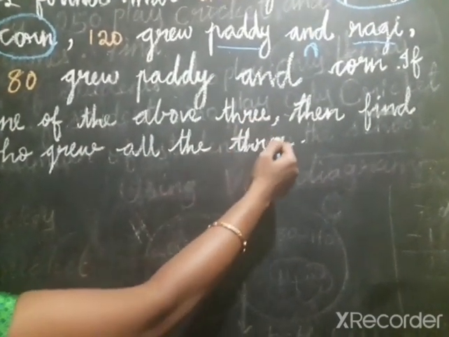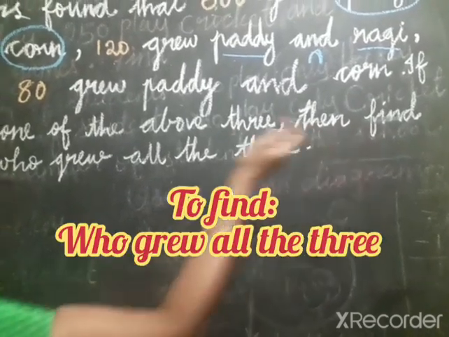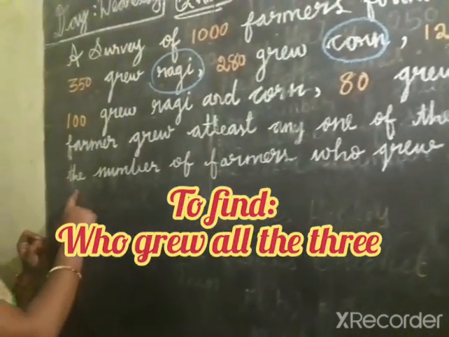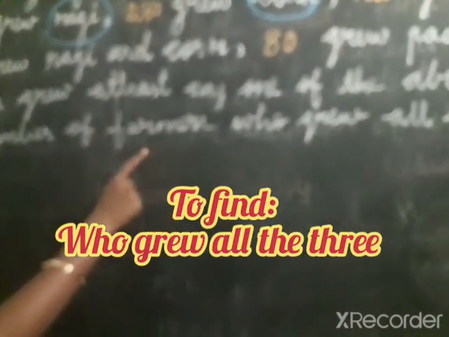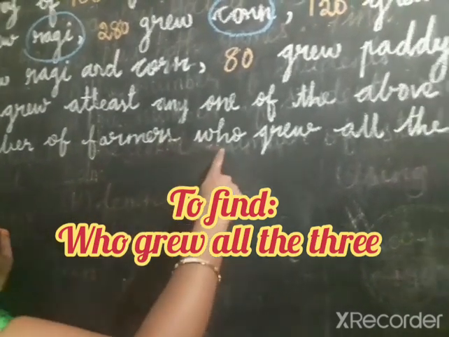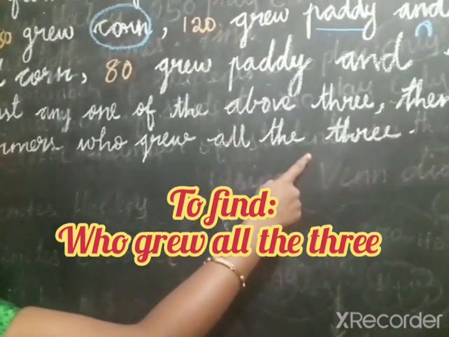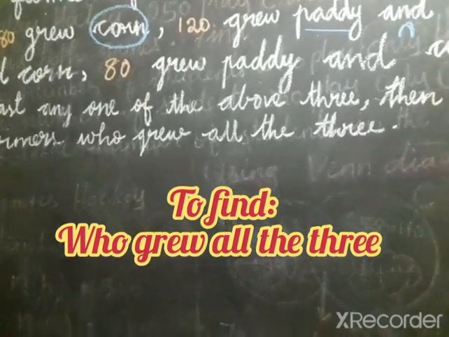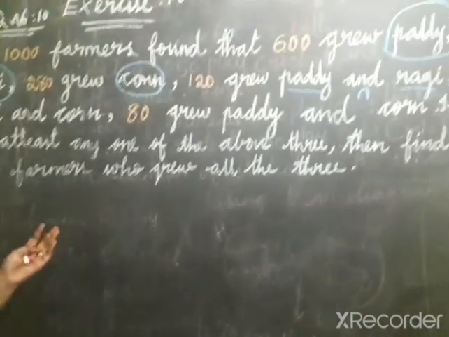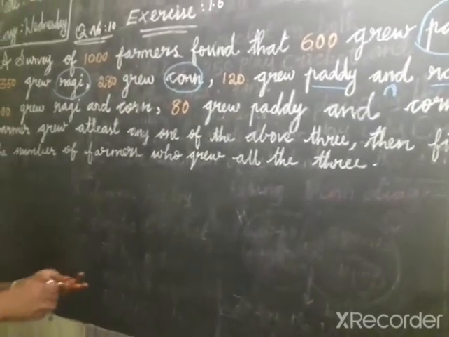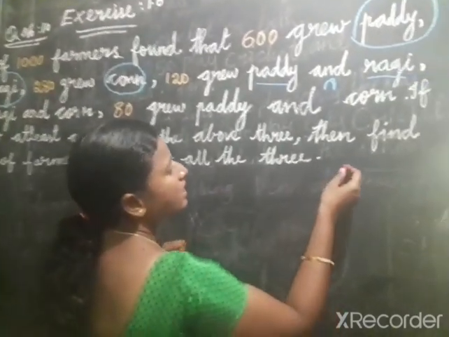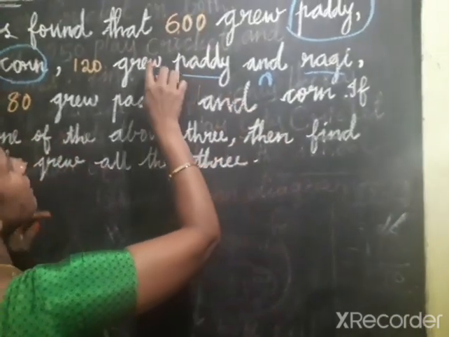So what do we have to find out? We have to find the number of farmers who grew all the three plants. That is our aim. All three means what? Intersection, we know very well.